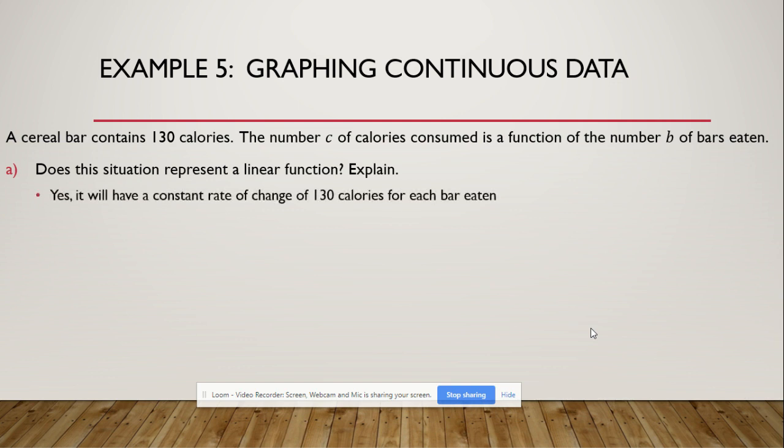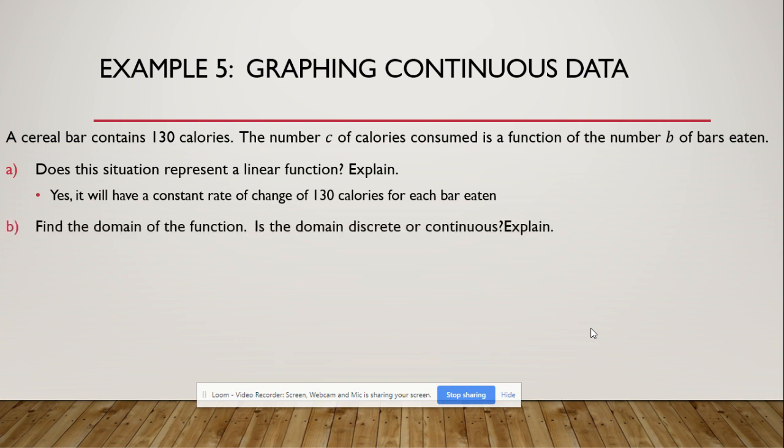And it's also going to have a constant rate of change, and that's what makes it linear. Every time I eat 1 bar, my calorie content goes up by 130. That's the rate of change. For every bar, I go up 130. And since that's going to remain constant here, it's linear.